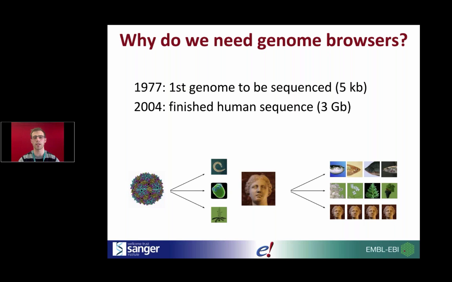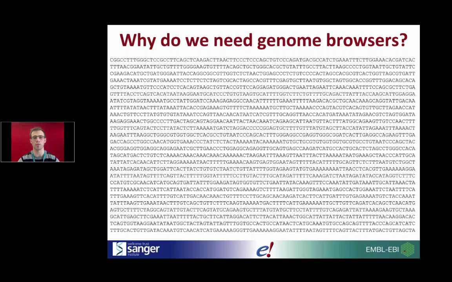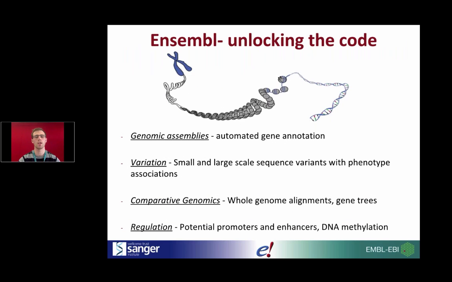So all of these sequencing efforts over the last 20 to 30 years, maybe 30 to 40 years, have led to the accumulation of a large amount of raw sequencing data, which without any annotation or context doesn't mean an awful lot. So this is where genome browsers such as Ensembl try and take this raw sequencing data, annotate it, put it into some context and make it accessible for scientists to make the most out of this sequencing data.